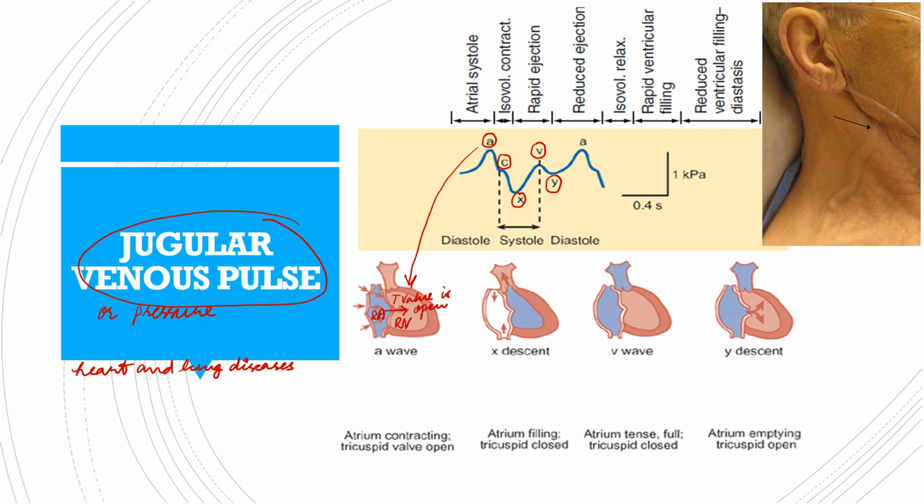Large A waves occur in case of tricuspid stenosis, meaning when the tricuspid valve is narrow or closed, or due to pulmonary hypertension.